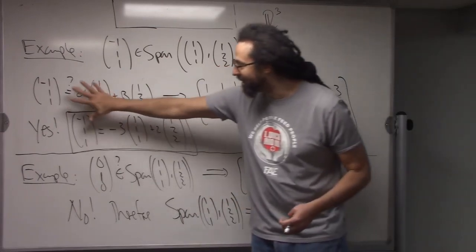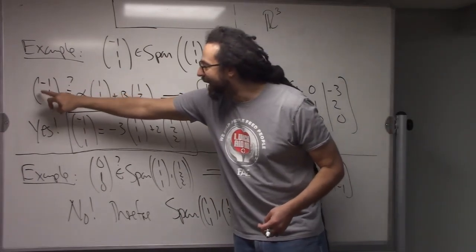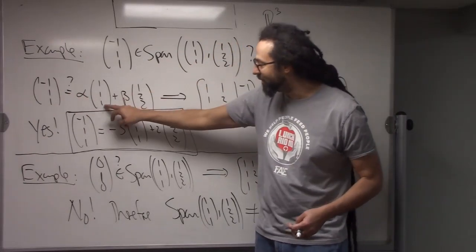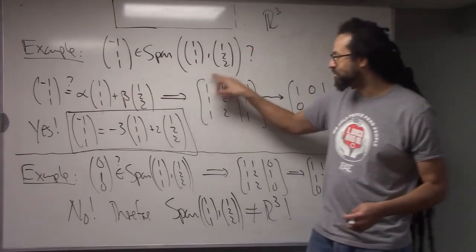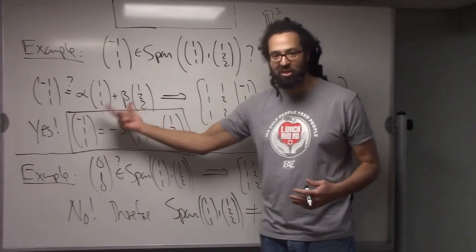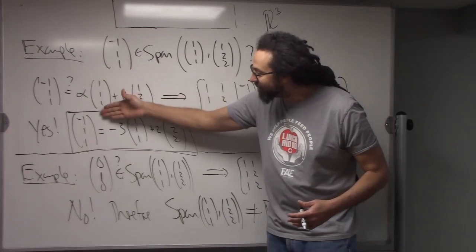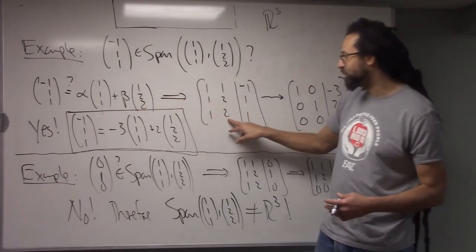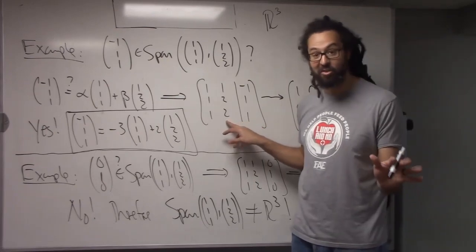So that's what we set up here. Can we write (-1, 1, 1) as a linear combination, alpha times the first vector plus beta times the second vector? And so as usual, this amounts to solving a system. Here is the first column of your augmented matrix. Here's the second column of your augmented matrix, just like we did in the R2 case.